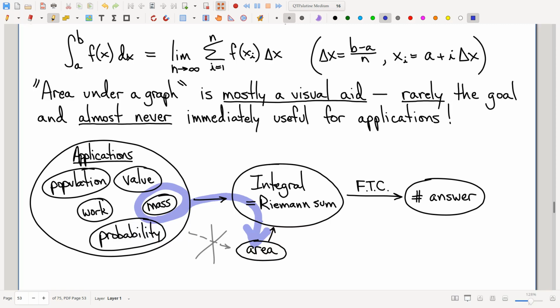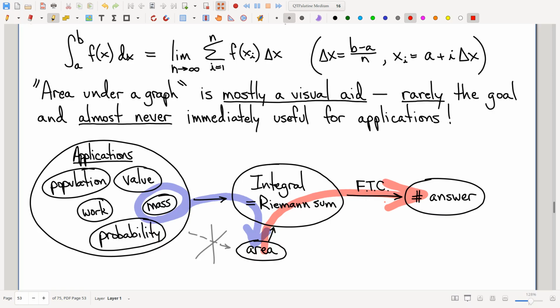And then concluded that mass is equal to area. And then having argued that mass was area, computed that area with an integral. And I just make the argument here that this was an unnecessary digression. This little detour to, yeah, but we want to say area. It doesn't play a role. It's not necessary in the argument.